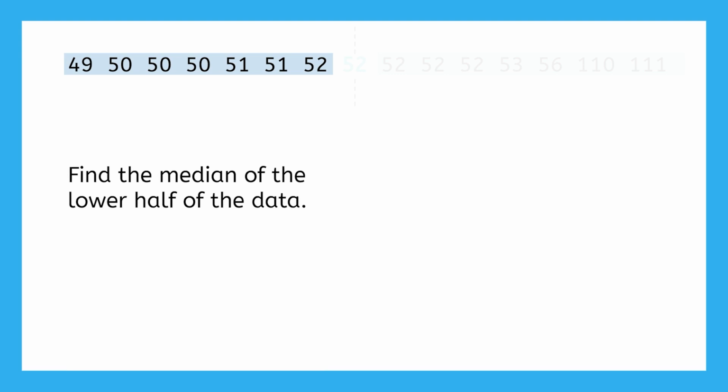Go ahead and find the median of the lower half of the data. We can use the strategy of crossing off a number from each end of the data until we have a middle value, giving us a median of 50.